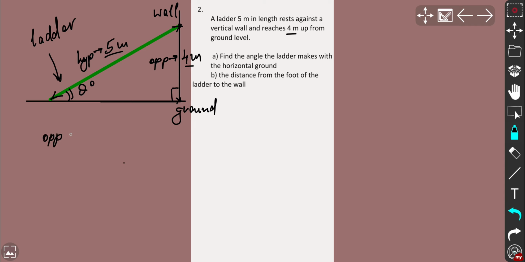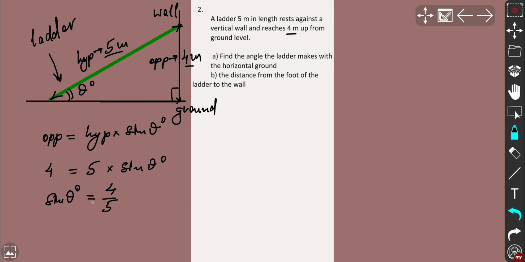The opposite side is the hypotenuse times sine of angle theta. From where we can express sine theta, or first, if you want, we can plug in the values. So opposite is 4, equal to 5 times sine theta, from where we can figure out that sine theta is going to be the ratio 4 to 5.